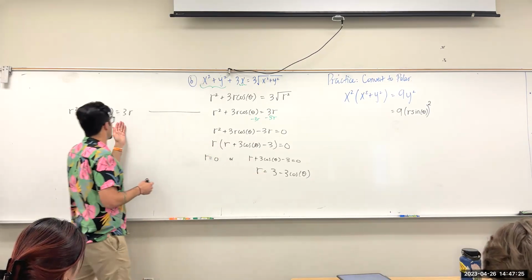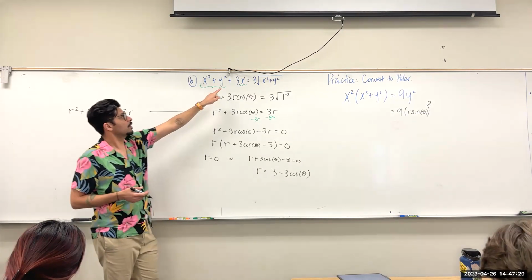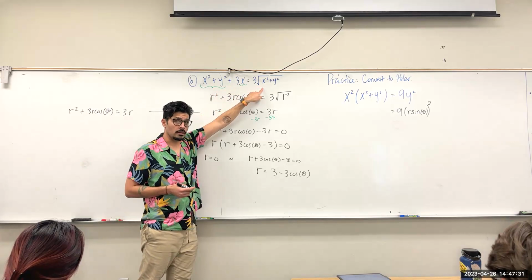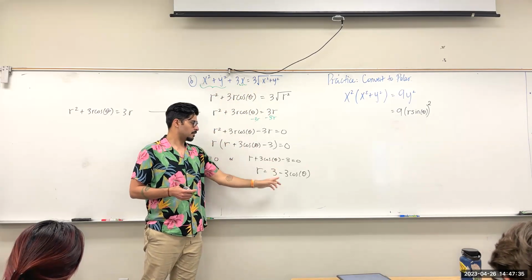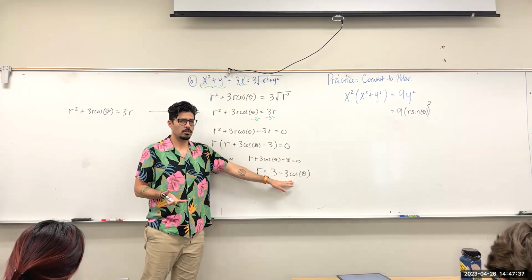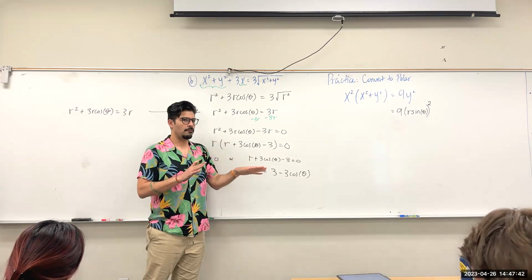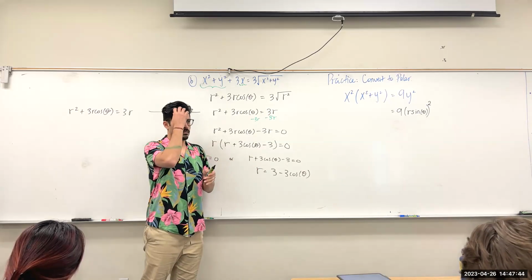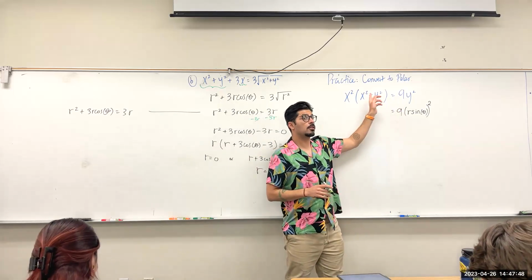So if I divide by R, I just have to confirm that the original equation includes the origin. If it includes the origin, then you can divide by R. That's fine because the resulting graph will still include the origin. But if it doesn't include the origin, that's where it can get funky. Is that cool? So this one, does it include the origin?